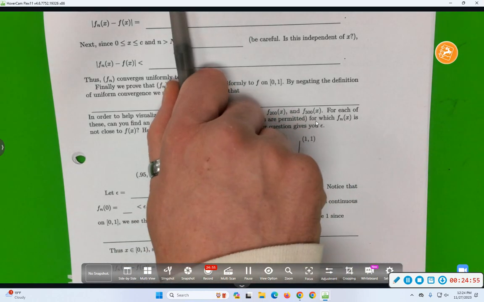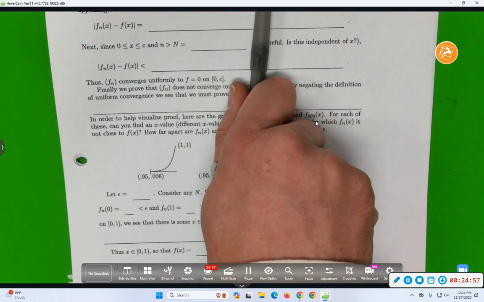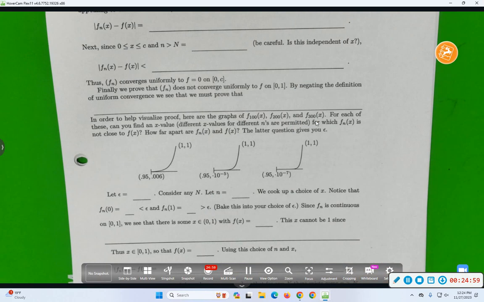Next, we prove the uniform convergence claim. We'll fix some c between 0 and 1. Let's consider any epsilon bigger than 0. And let's recall the statement of uniform convergence, because it's a little bit pickier.